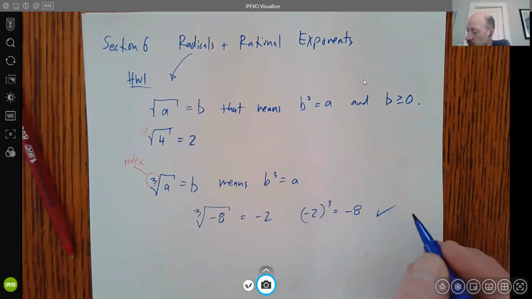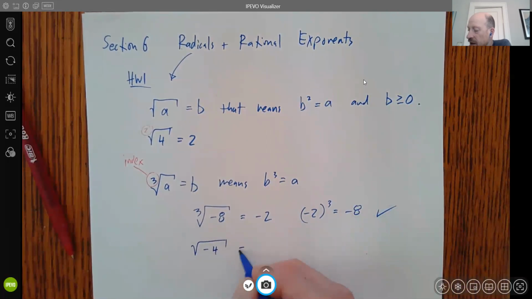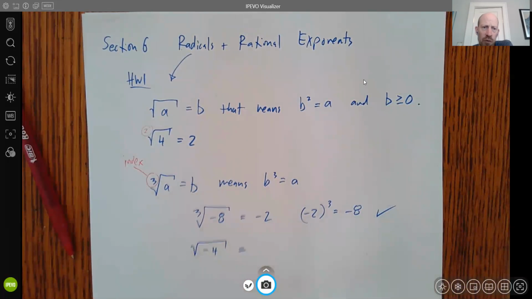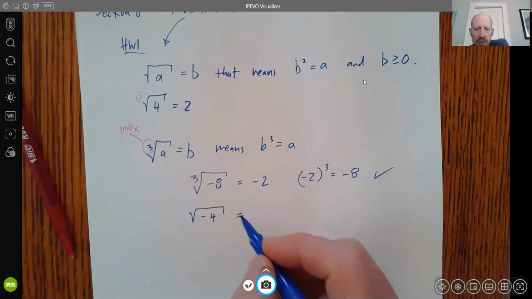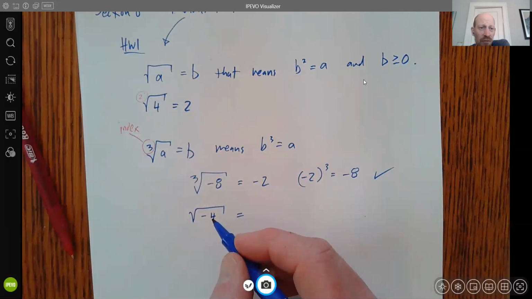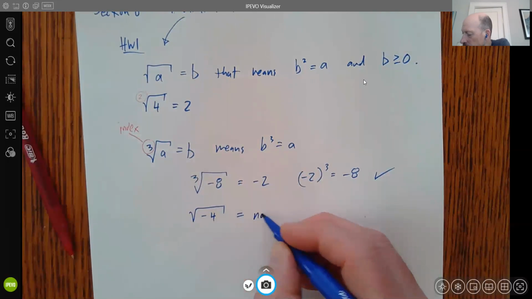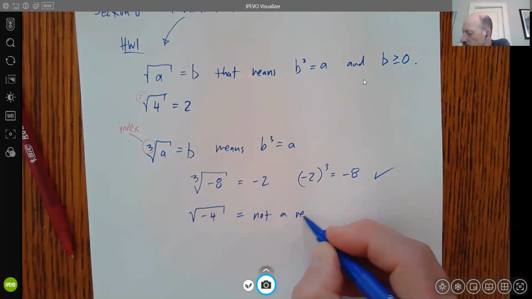So that works. But notice with the square root, if I try to take the square root of -4, here I actually have a problem. This should be a positive number, but no positive number when I square it is going to give me -4. And a negative number isn't going to work either. So at the moment, we're going to say not a real number.